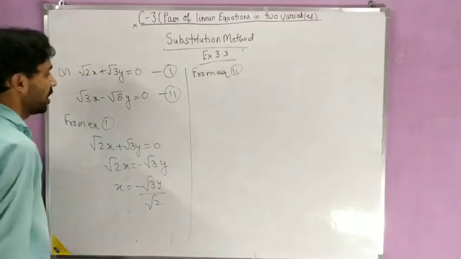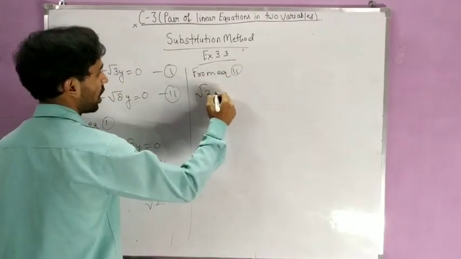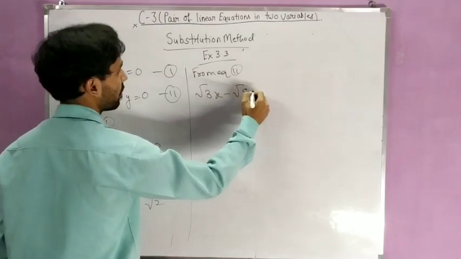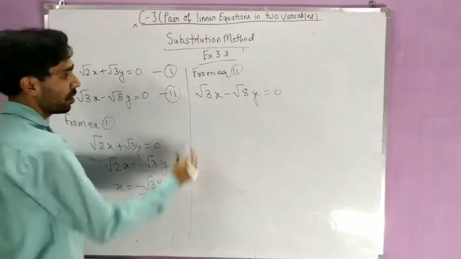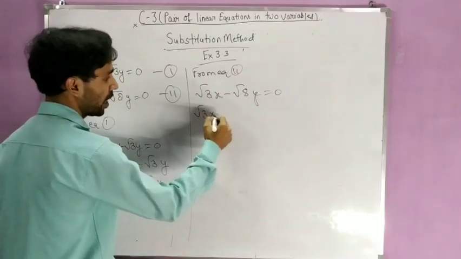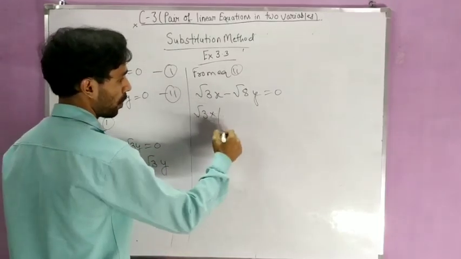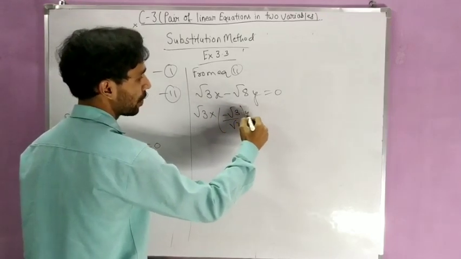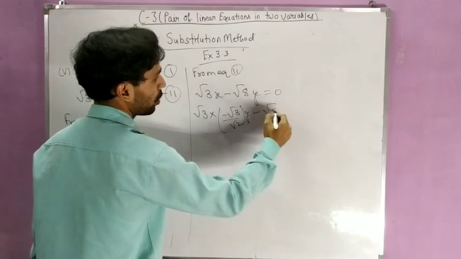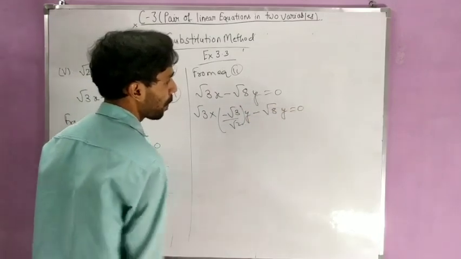So equation second is root 3x minus root 8y equal to 0. Now put the value of x here. So root 3 into minus root 3 upon root 2 y, and minus root 8y equal to 0.